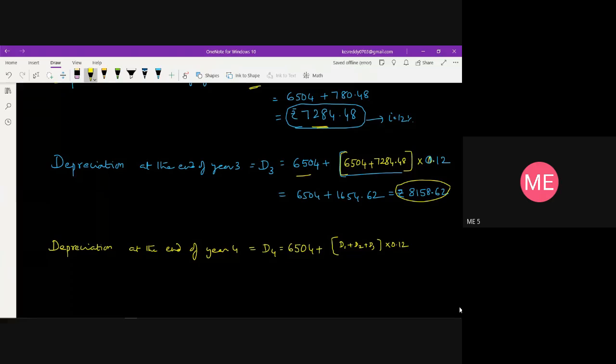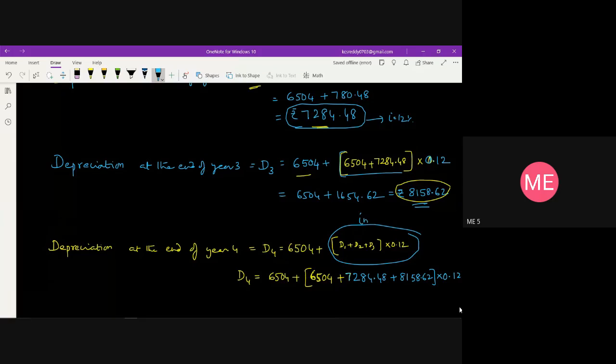So D4 is 6504 plus the amounts: one is 6504, the other one is 6504, 7284.48 plus then this one 8158.62, and this is the interest earned. This component is interest earned on the depreciation.